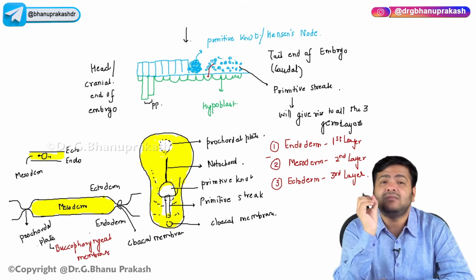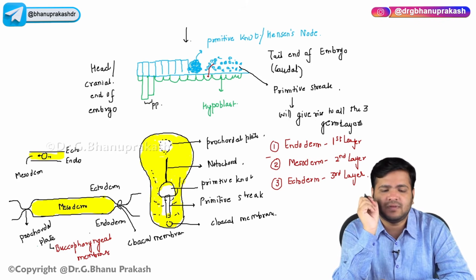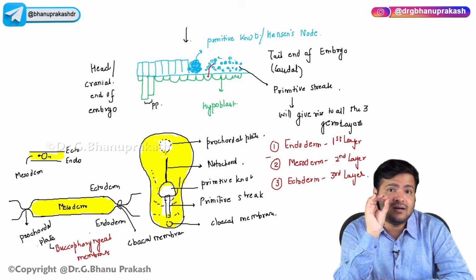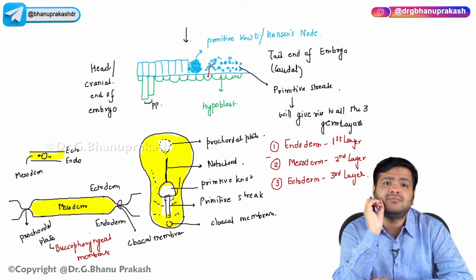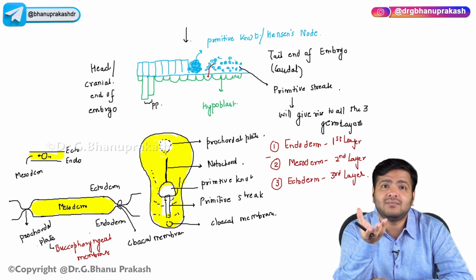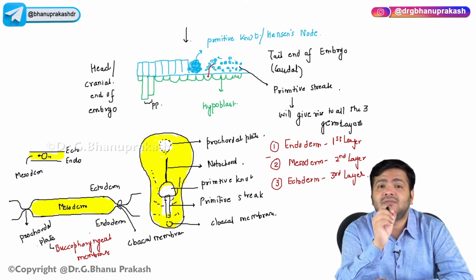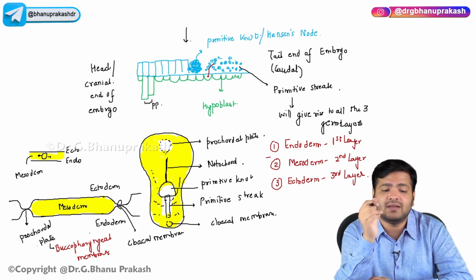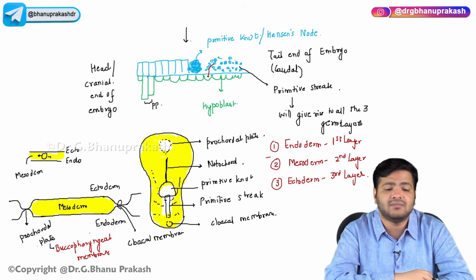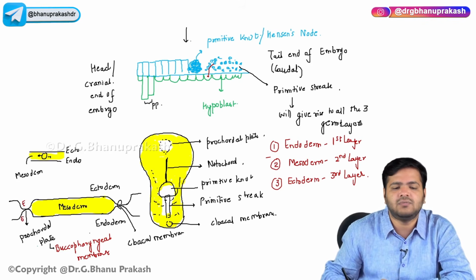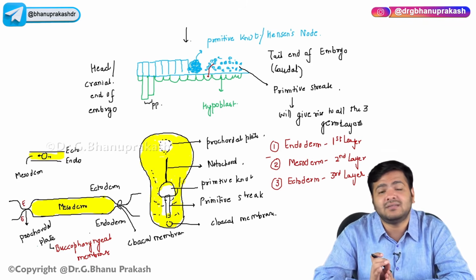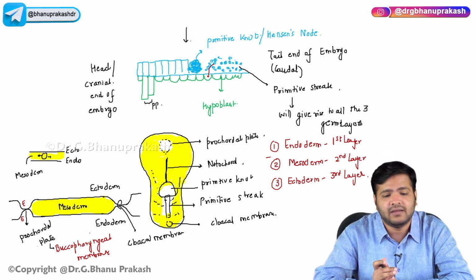Now, there is a reason why the mesoderm is absent over here. This thickening has to be ruptured, right? If mesoderm is also present, these membranes will not rupture easily. See how nature has done it: the mesoderm is present elsewhere, but absent at these two ends, and only ectoderm and endoderm are present, because this part has to rupture in future, right?